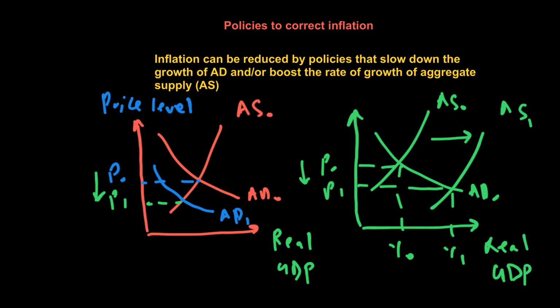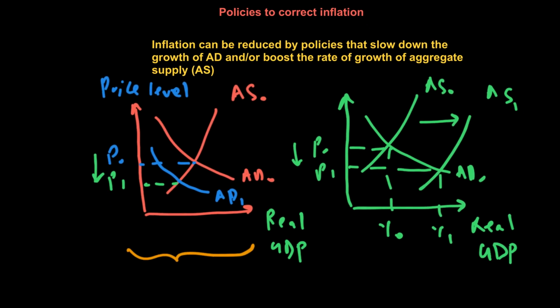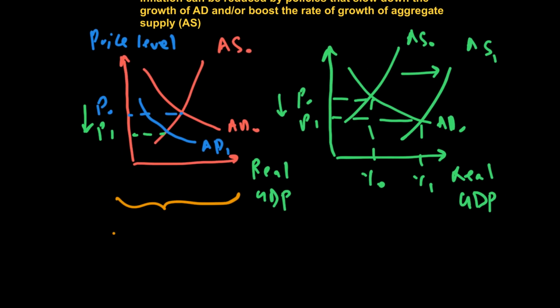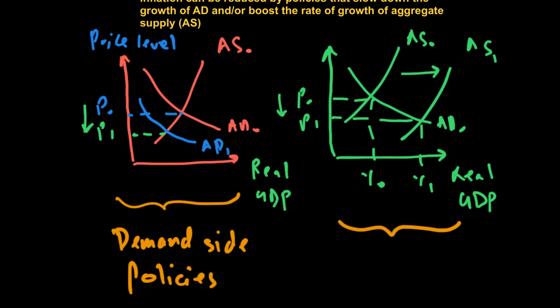So when you look at this kind of making AD fall situation, this is where we're using what we call demand side policies, and here we're using what we call supply side policies.